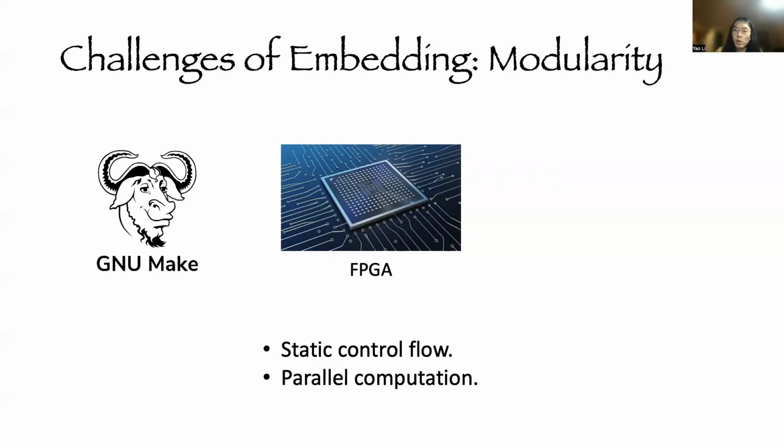Furthermore, Haxl is a library that automatically runs certain operations in parallel. It is written in Haskell, a language more expressive than Makefile and FPGA, as it allows dynamic control flows. But a particular piece of code in Haskell may only contain static control flow, and Haxl makes use of exactly that part to run parallel computation.